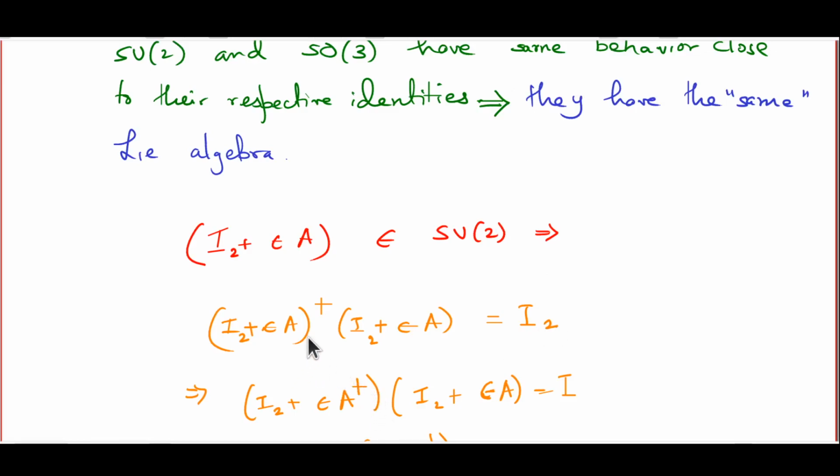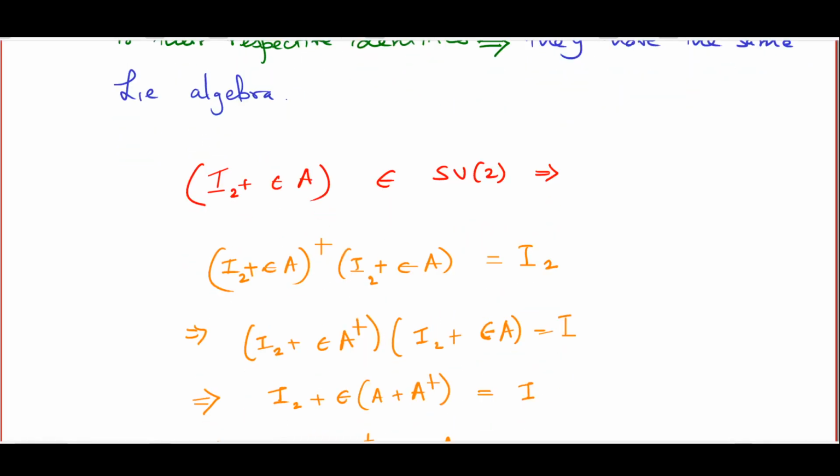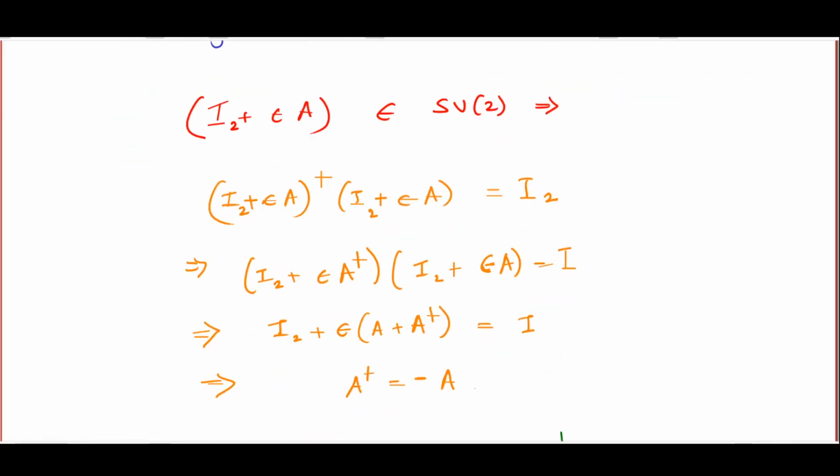And this left-hand bracket becomes identity plus epsilon A dagger, and you're multiplying that by identity plus epsilon A. And if you multiply out the left-hand side, keeping only terms which are first order in the small parameter epsilon, what you end up with is the identity plus epsilon into (A plus A dagger) has to be the identity.